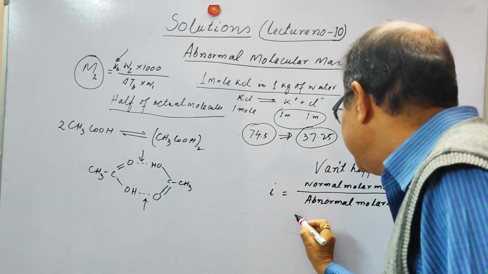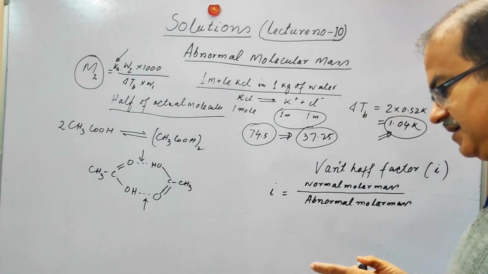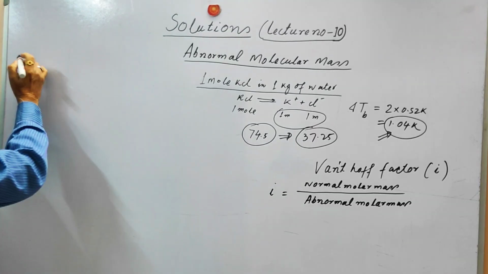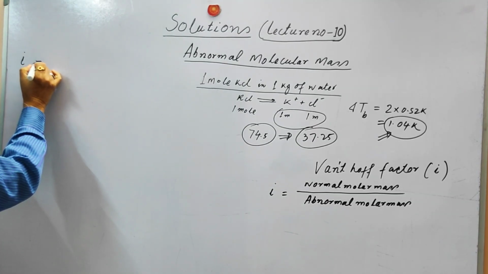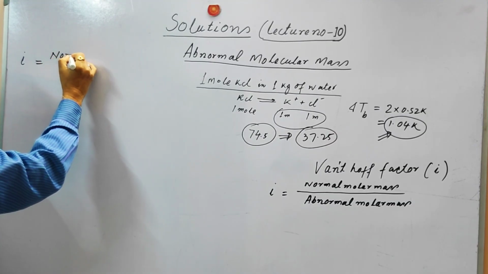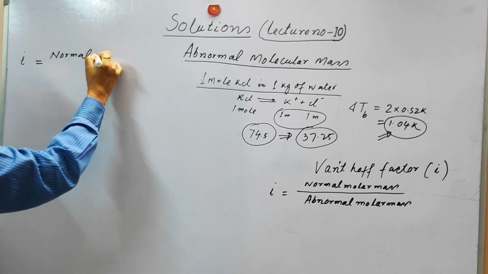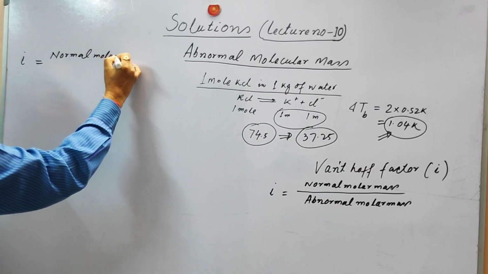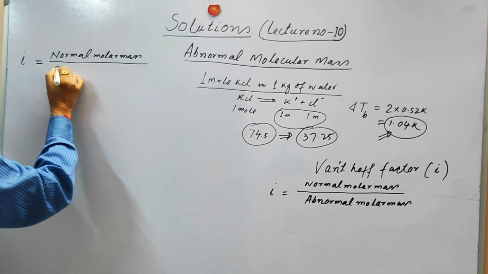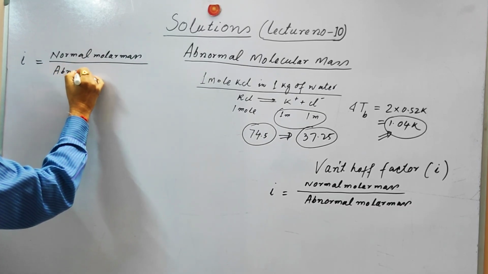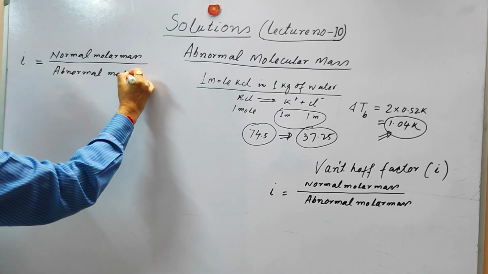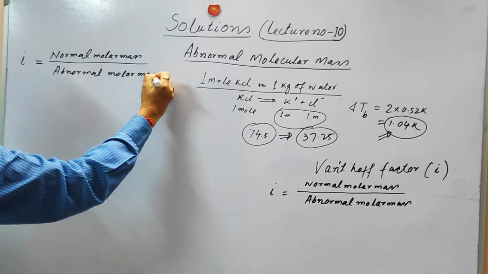And we can write this in different ways. Let us understand. Again we are writing this i, the Van't Hoff factor, is equal to the normal molar mass divided by the abnormal molar mass.